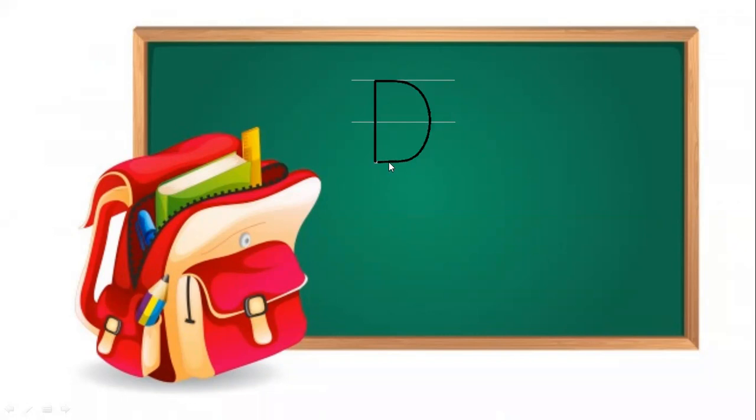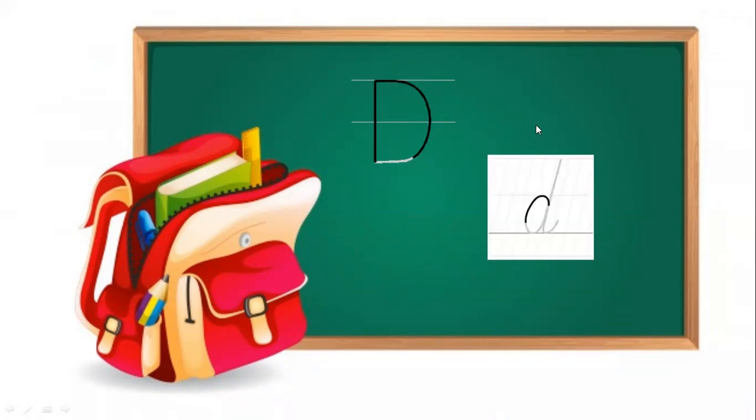Okay, so it is our letter D. Very easy. Start from the top, go to the bottom, and then draw a curved line touching the top, reaching to the bottom. Okay, now our small letter D.